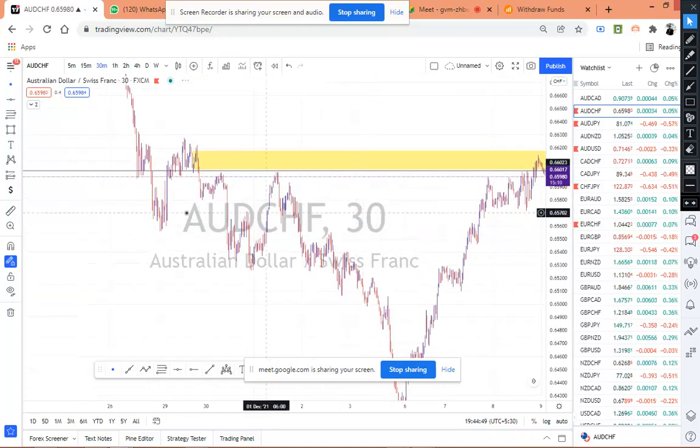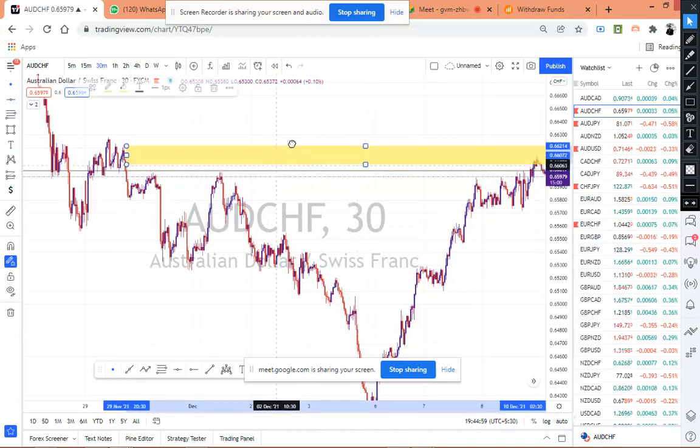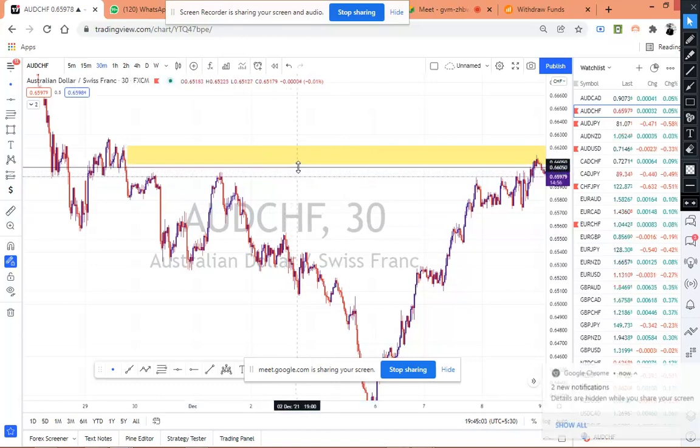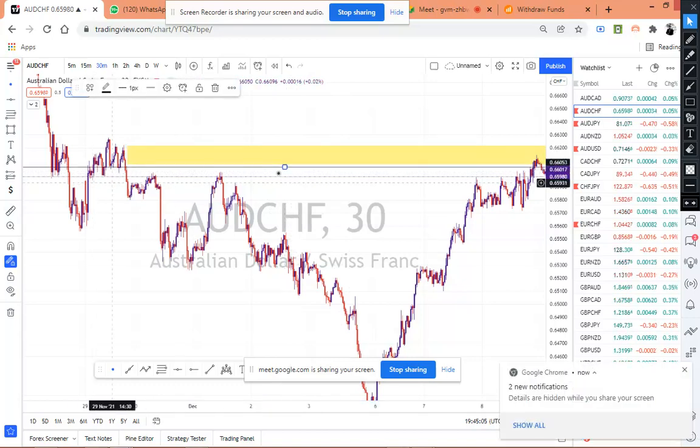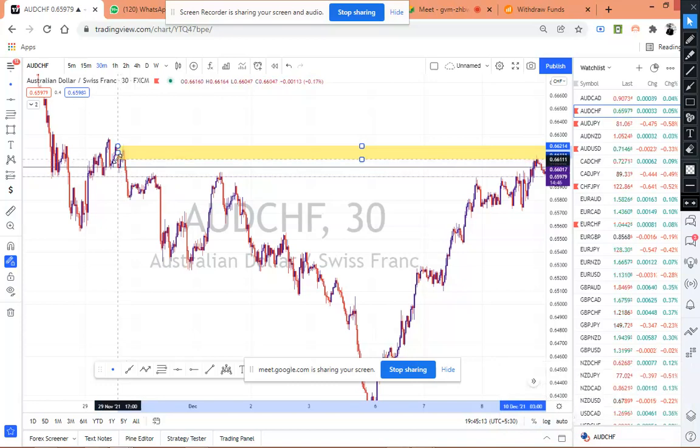AUDCHF also is another, yes, we have the significant support area. Okay, so you have the significant support area, and here we have the supply.